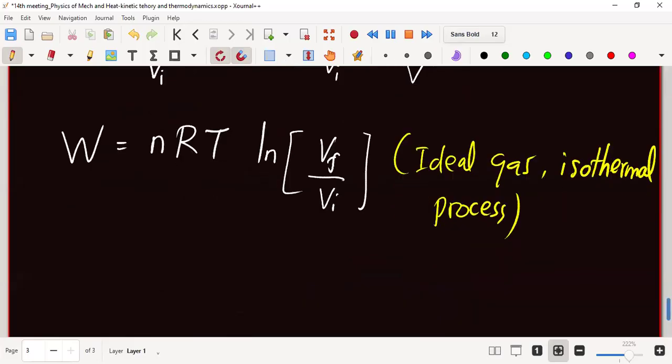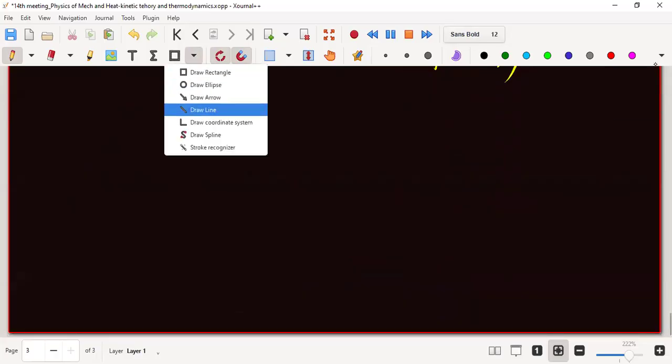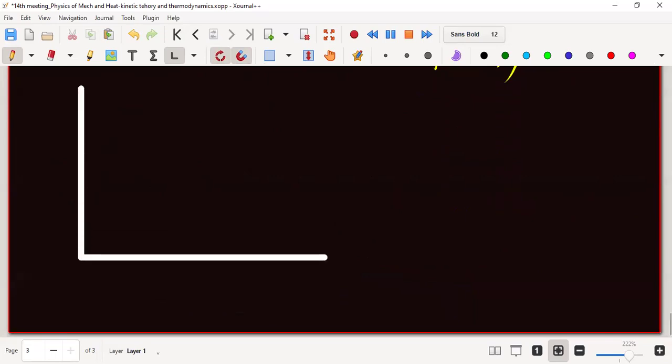Okay, we can draw the graphs here, or the curve. In the vertical axis is pressure, and then the horizontal axis is volume. So for the isothermal condition, we can draw like this, for example here, and then here or here. These are at different temperatures.